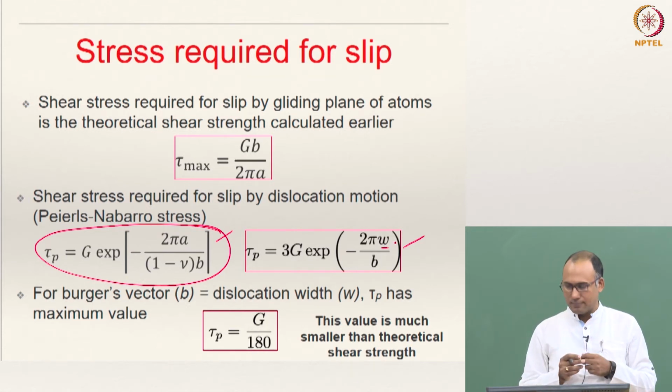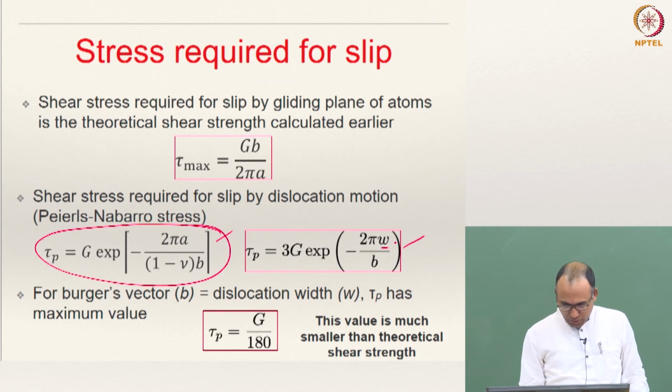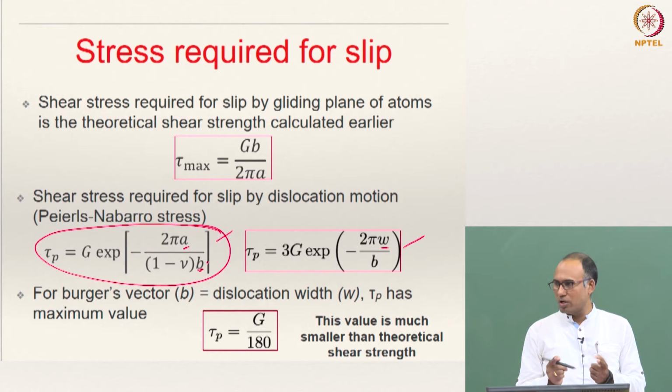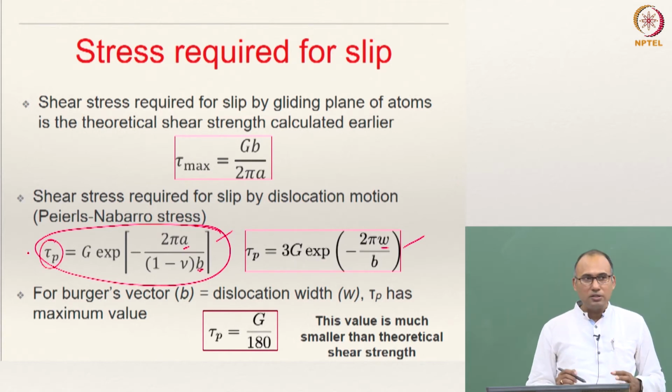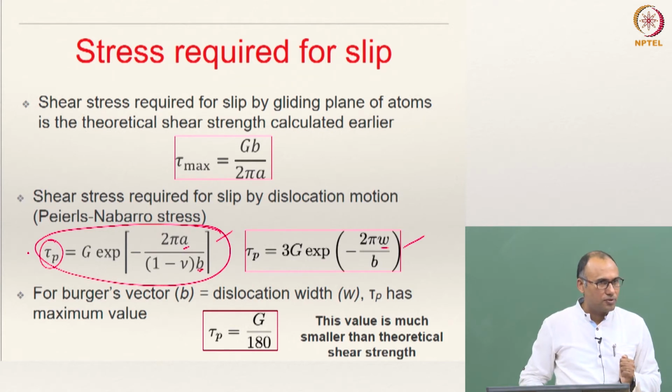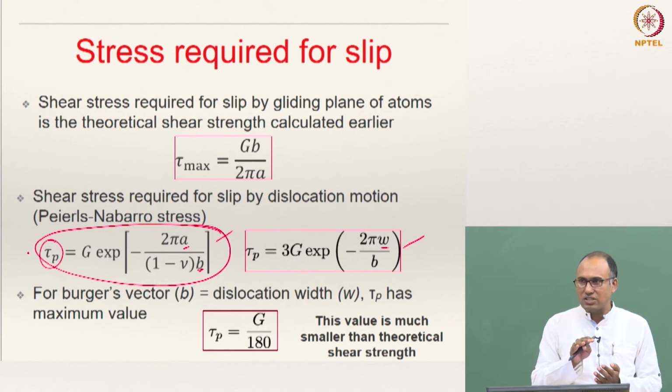Here it is pretty clear: A is your interplanar spacing and B is your interatomic spacing, or Burgers vector, in the direction of the slip, whatever the interatomic spacing is. Now, what is this tau p? That is the stress required to cause slip by dislocation motion, isn't it? That is what we discussed in the last class.